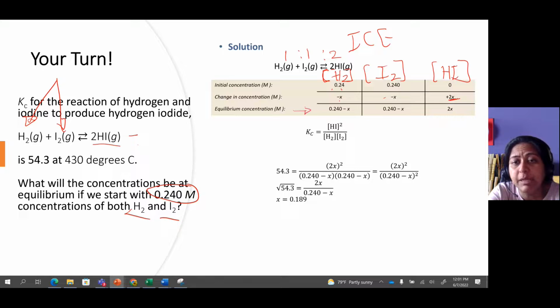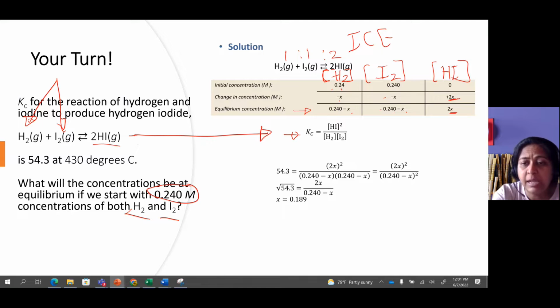So the equilibrium concentrations are 0.240 minus X for H2, 0.240 minus X for I2, and 2X for HI. Then we plug these values into the equilibrium constant expression for this reaction, and we get a quadratic equation.